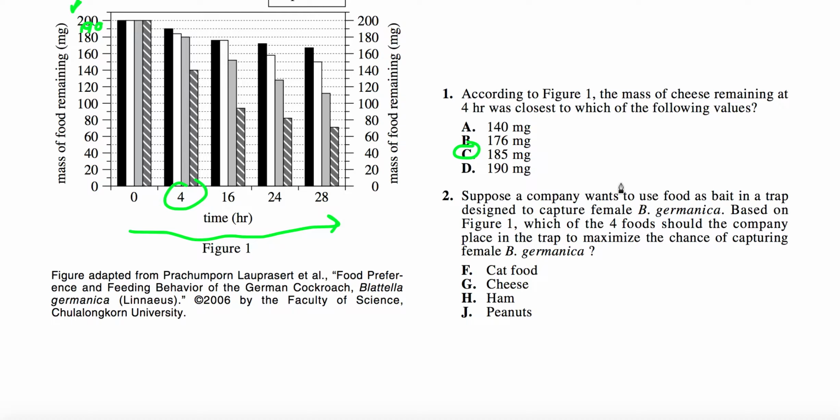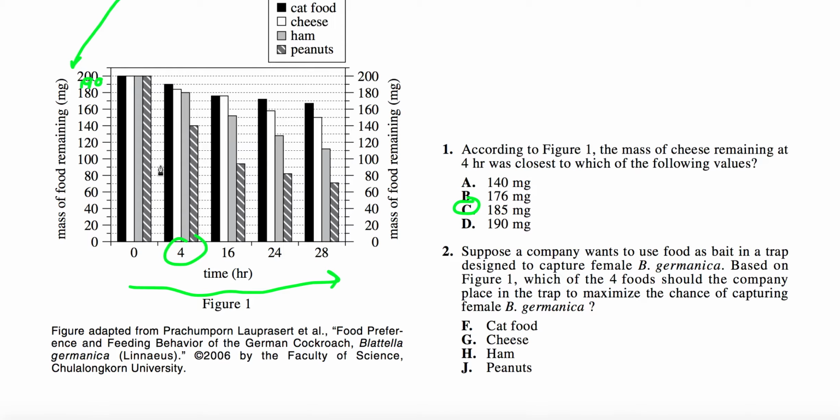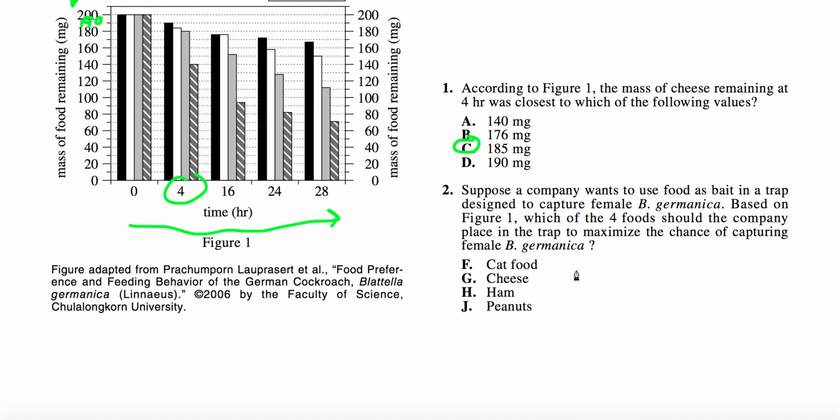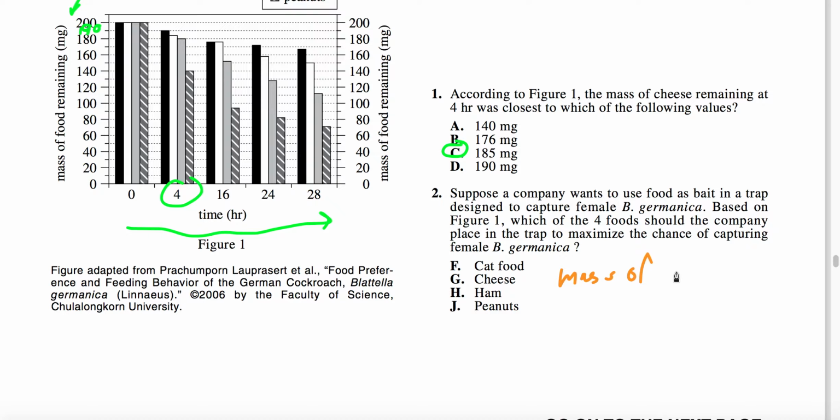Suppose a company wants to use food as bait to capture this bee Germanica. Based on figure 1, which of the 4 foods should the company place in the trap to maximize chance?